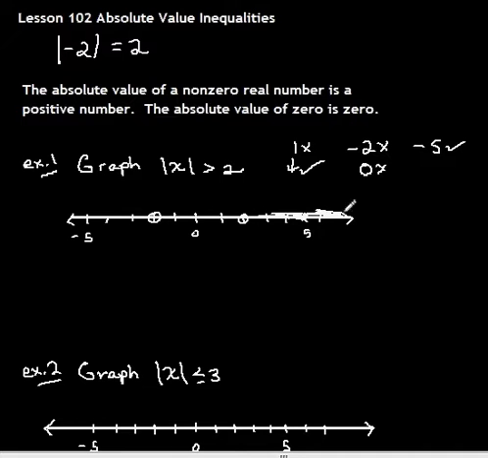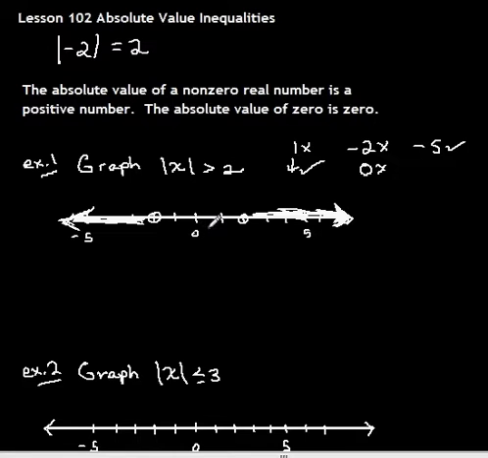So we're going to fill in every number greater than 2 this way, and it's going to work also for the negative numbers, because if we take the absolute value of a negative number, it's going to become a positive number. If you have an absolute value with a greater than, you're going to end up coloring out away from 0. If the absolute value is less than, we're going to be coloring in between the 2 points.